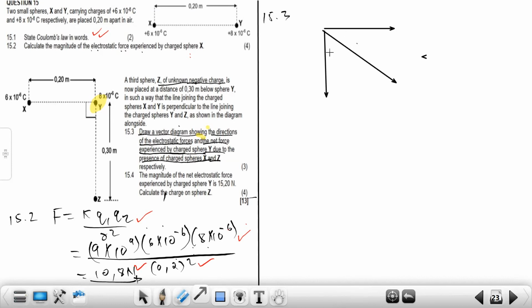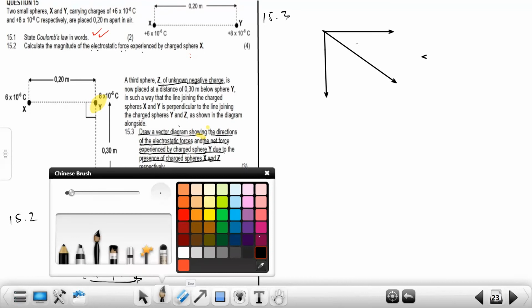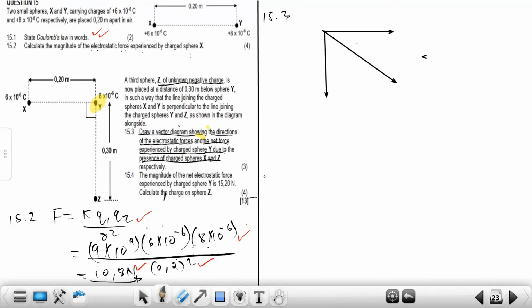So I can easily move this one closer so that I have a nice 90 degrees. So I am now in a position of labeling it. Remember, it's not a vector diagram if it does not show all the forces.